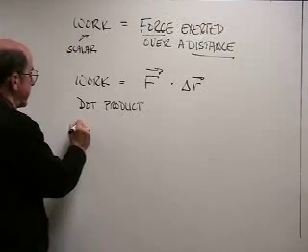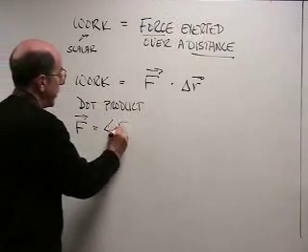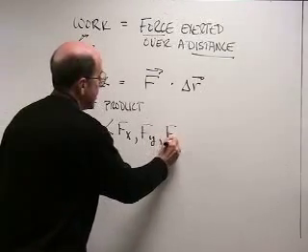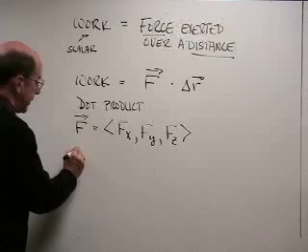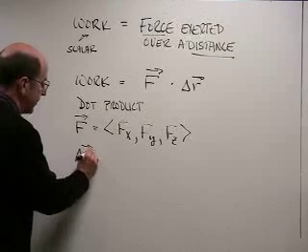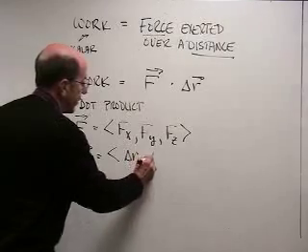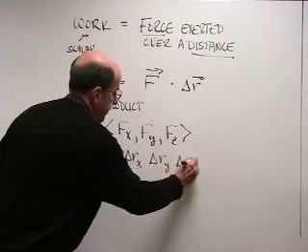Suppose I have a vector F equal to Fx, Fy, Fz. These are the three components of F. And delta r, that's a displacement, has three components: delta rx, delta ry, delta rz.